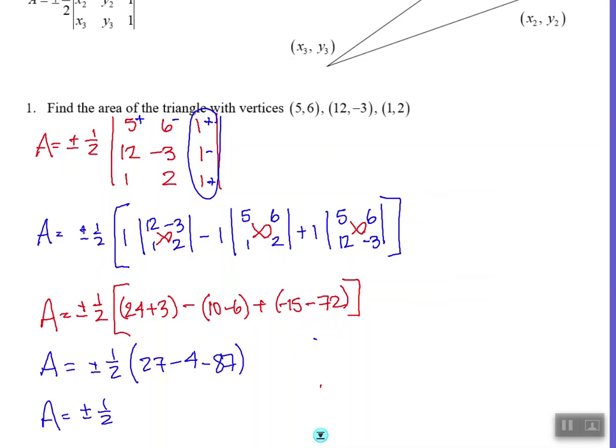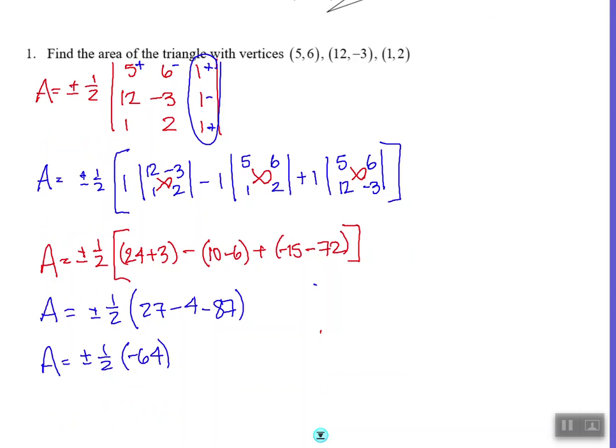So plus or minus 1/2 of -64. Because area is always positive, that's why we have the plus or minus. We end up with area equals 32, and we were not given units, so we'll just say square units.